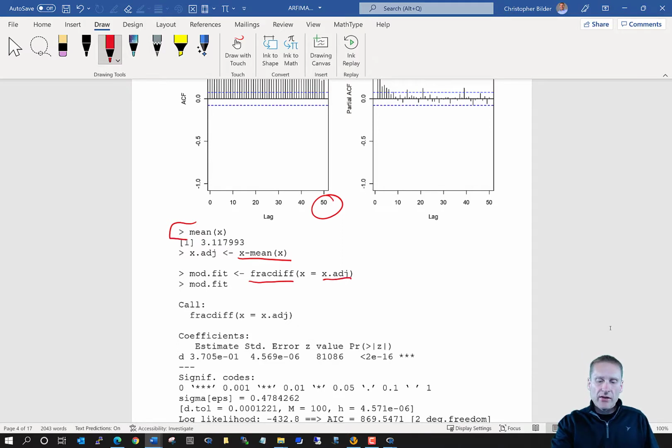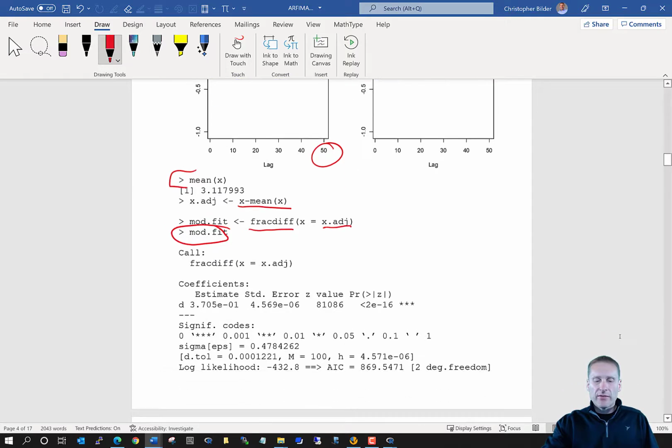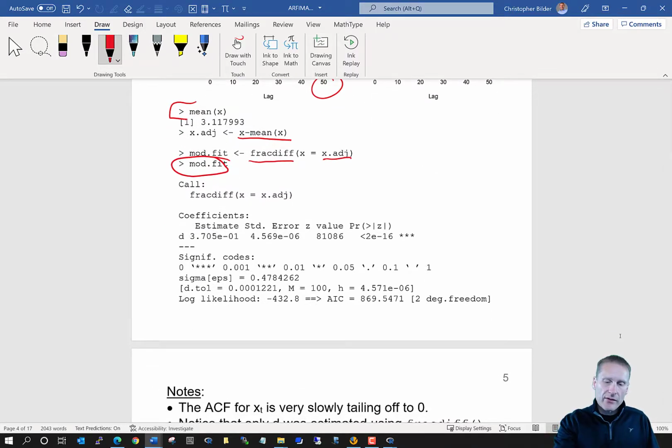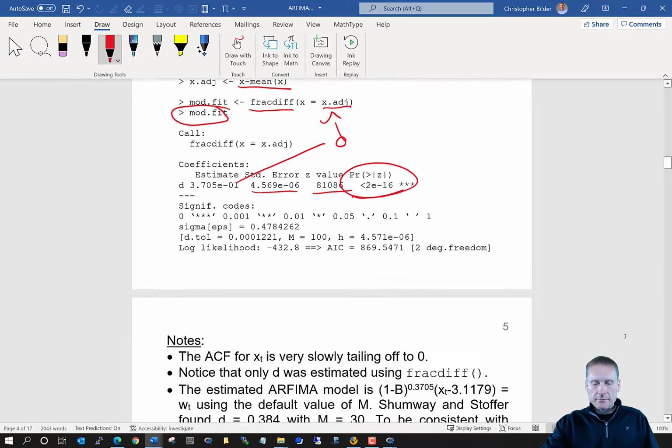Here's my adjusted data. I then look at the corresponding results that I saved in mod.fit. And so this is what we get. Here is d hat. It's about 0.37. Notice the z test statistic. It's very large because I have a very small standard error, and so of course my p-value is quite small.